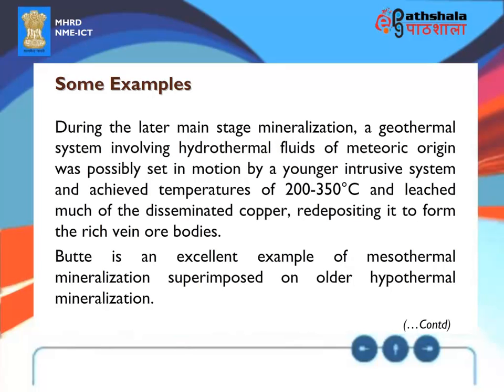During the later main stage mineralization, a geothermal system involving hydrothermal fluids of meteoric origin was possibly set in motion by a younger intrusive system and achieved temperatures of 200 to 350 degrees centigrade and leached much of the disseminated copper, redepositing it to form the rich vein ore bodies. Butte is an excellent example of mesothermal mineralization superimposed on older hypothermal mineralization.